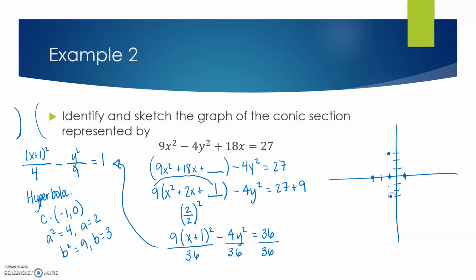And then I'm going to draw my box, draw my asymptotes that go through that center. And then it opens left, right. Here, let me change my color so you can see it clearly. And remember that it gets close to those asymptotes, but it never touches.